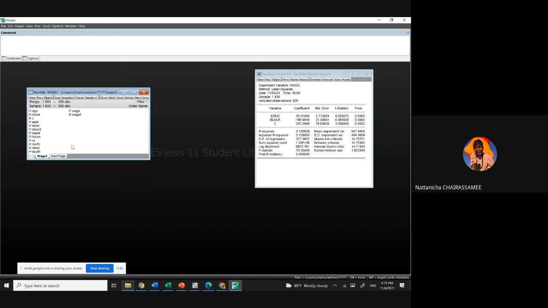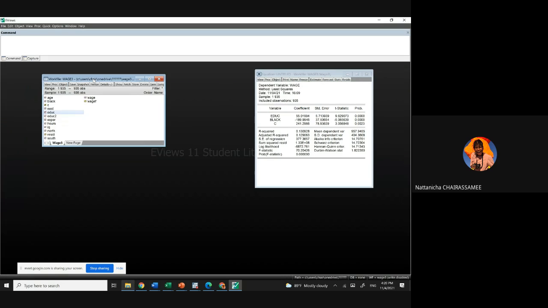And I already told you that I would like to plot a graph between wage and education, right? So we are going to open it as a group. First, I recommend you just click on education, because the order of the variables that you choose will affect the graph that you are going to plot, okay? So let me click on education first.